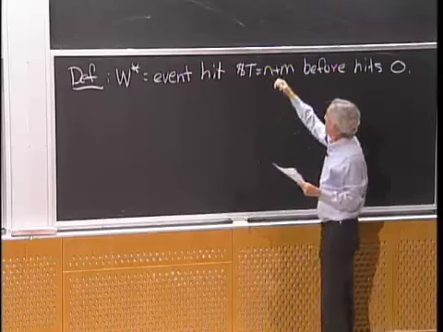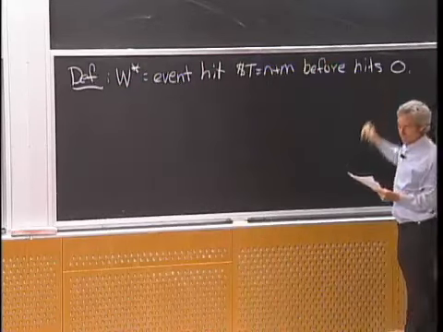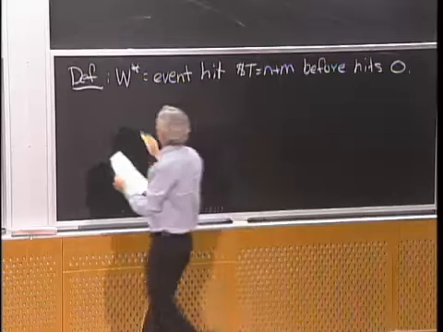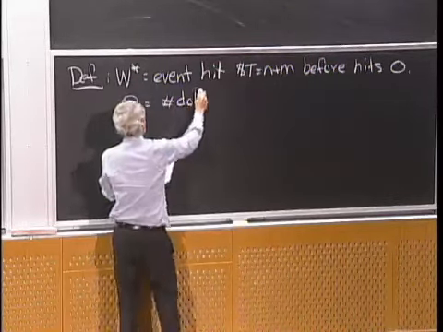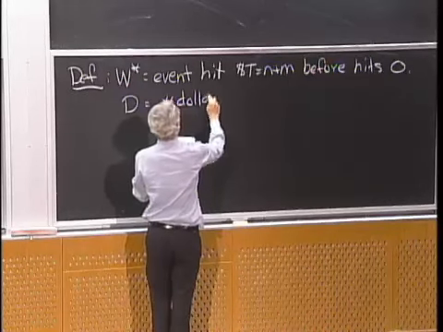In other words, you go home happy without going broke. Let's also define D to be the number of dollars at the start. And this is just going to be n in our case.